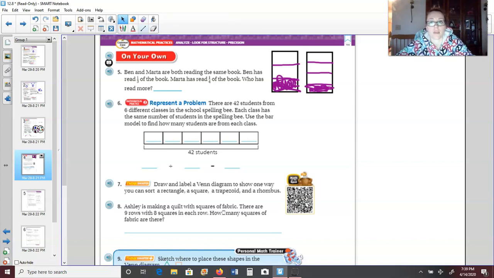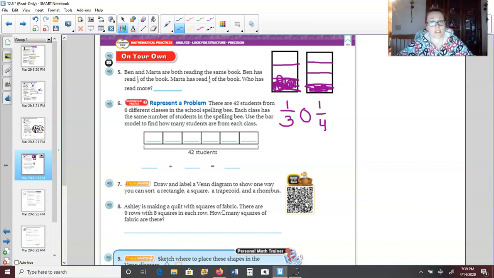So when we think of these fractions, which fraction is greater? We have 1/3 being compared to 1/4. And if you remember anything about fractions, whenever the numerator is the same, we can compare the denominators. But we have to remember, the bigger the denominator, the smaller the pieces.